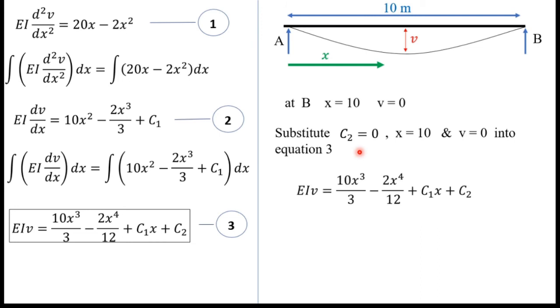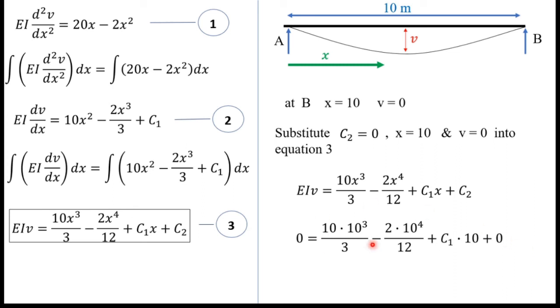So this is the equation 3. I will substitute 0 as V and x equals 10. So if I substitute this, I will have 10 times 10 to the power 3 over 3 minus 10 to the power 4 over 12 plus C1 times 10 plus 0.